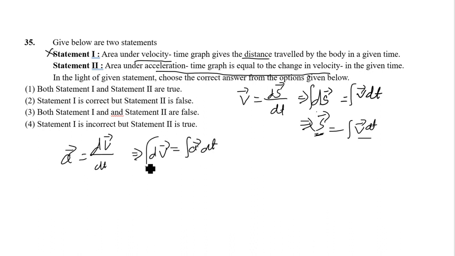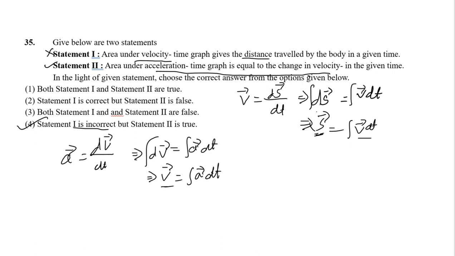If I take integration, I get V is equal to integration of a dt. So this is the velocity, and our statement 2 is correct. So it is the fourth option: statement 1 is incorrect, statement 2 is true. Okay, understand?